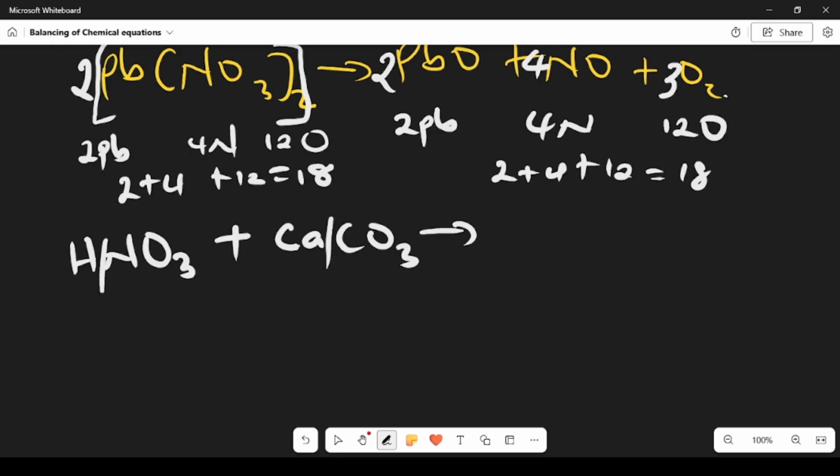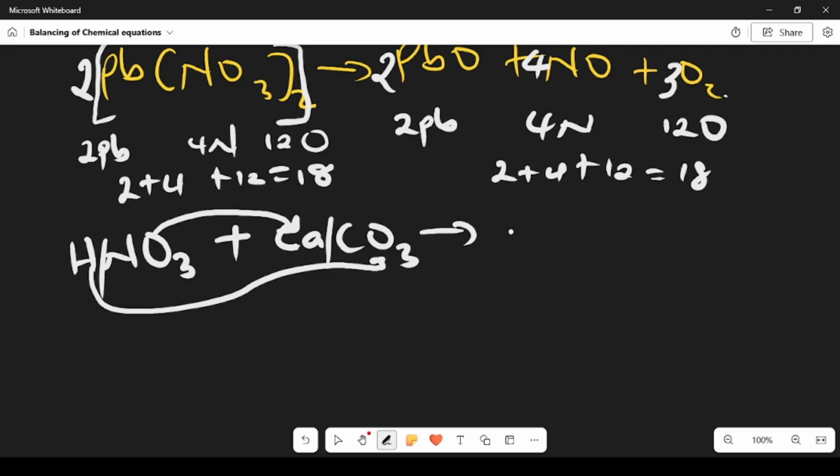All right, let's continue. So this is the normal trick. Divide it into 2. You have hydrogen as a cation, nitrate ion as a radical. You have calcium cation, carbonate ion as a radical. So this will come here, this will come like this, and this one will come like this. So let's get started.